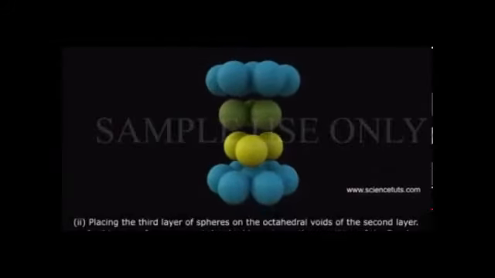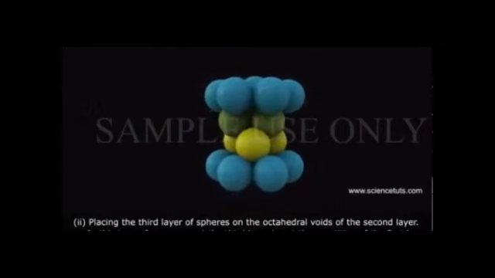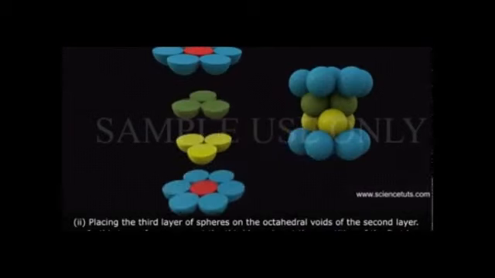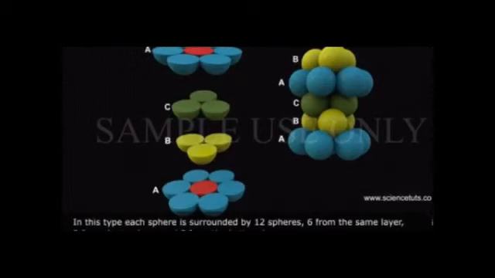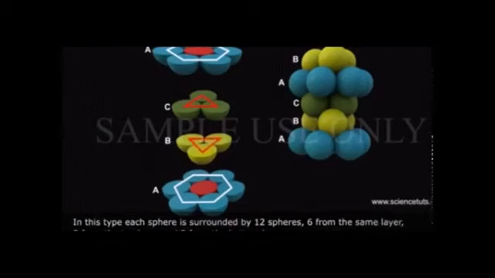2. Placing the third layer of spheres on the octahedral voids of the second layer. In this type of arrangement, the third layer is not the repetition of the first layer. So this type of arrangement is called ABC type of arrangement. In this type, each sphere is surrounded by 12 spheres. 6 from the same layer, 3 from the top layer, and 3 from the bottom layer.